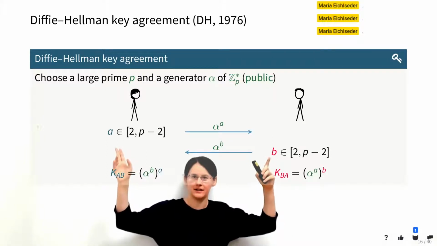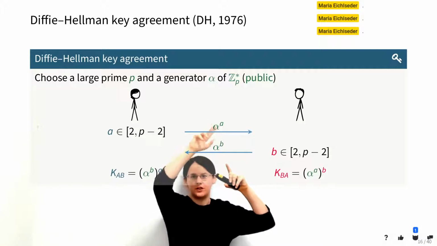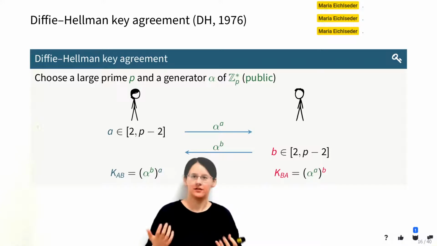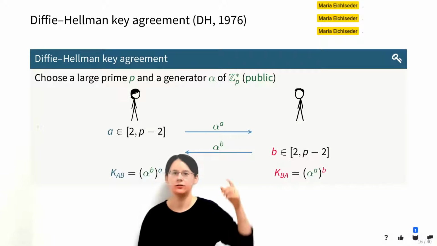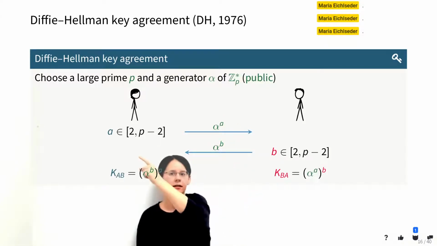These are their private keys, and their public keys, which they send to each other, are some generator of a group to the power of this element. So this scheme needs some group with a generator, and it needs the discrete logarithm problem to be hard to compute. Because if we solve the discrete logarithm problem of these public keys, we get back the private keys.